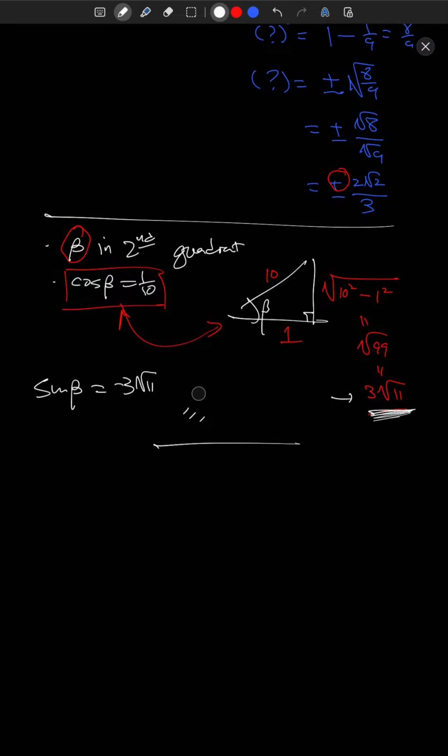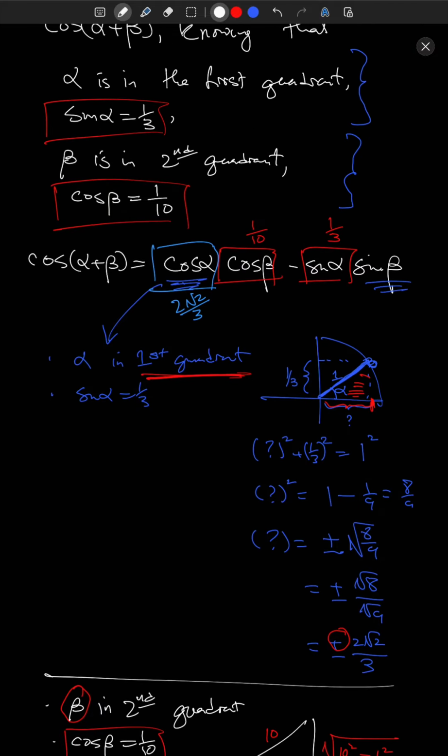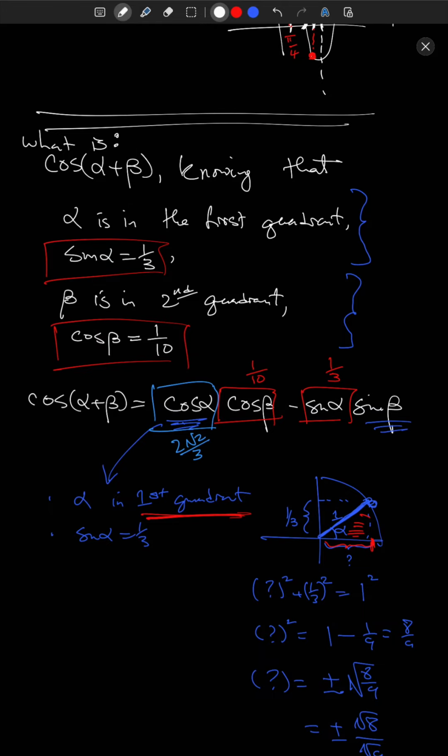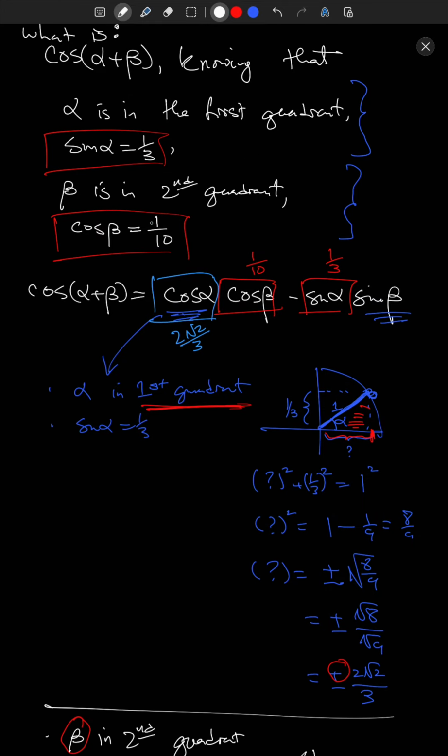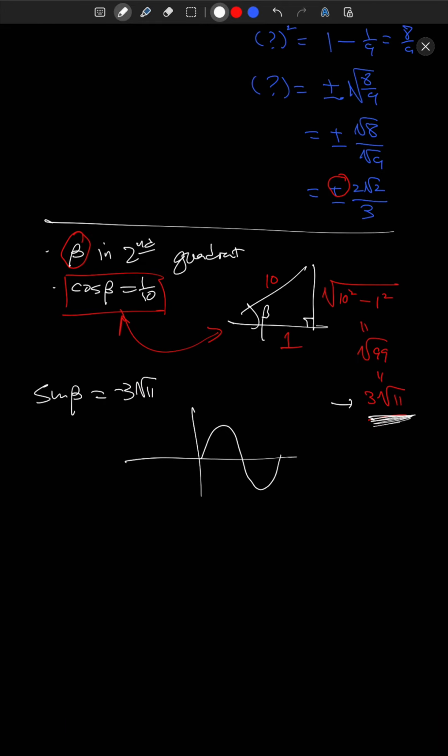Another viewpoint is you remember the graph of sine, which you should always remember. Oops, sorry. I think I wanted minus 1/10 here. Sorry about that. Minus 1/10. And when we drew this, we drew the positive version because we were drawing a physical triangle.